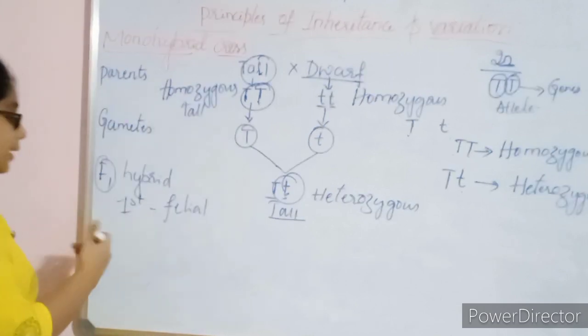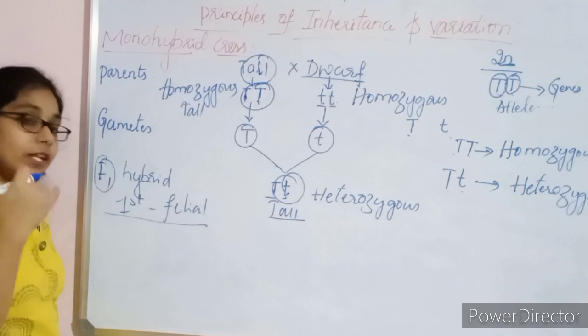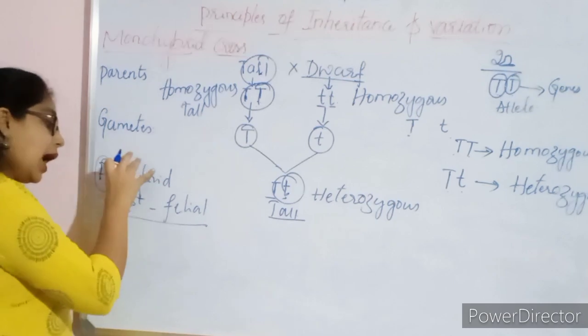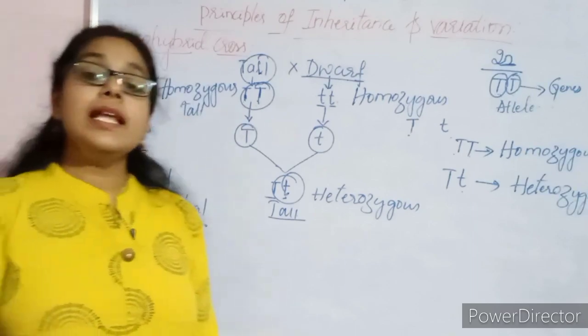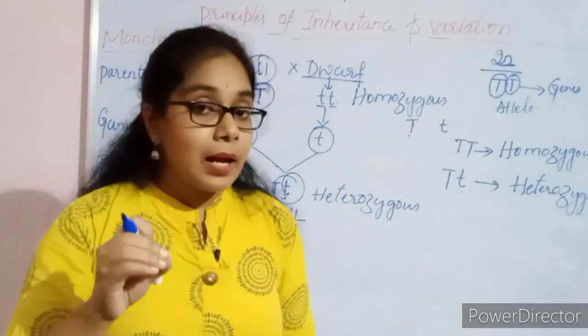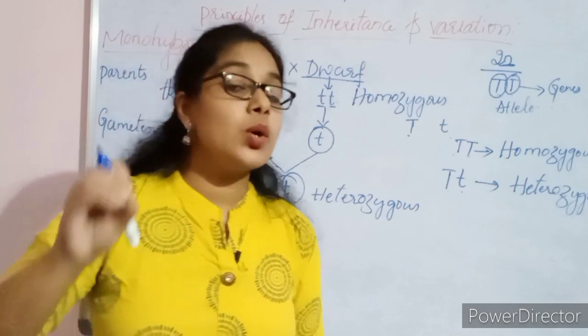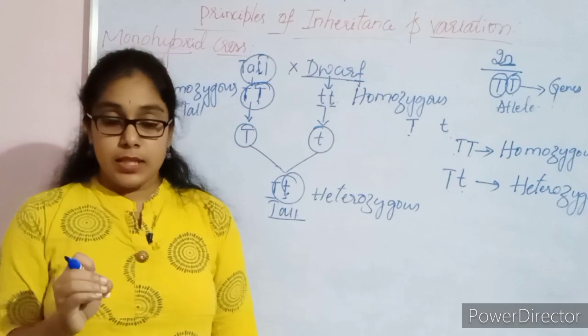Next step is there. That means he also continued the experiment. What he did is he allowed this F1 hybrid to undergo self-pollination. Why? Because the pea plant is a bisexual plant. It has both the sex organs. Understood?